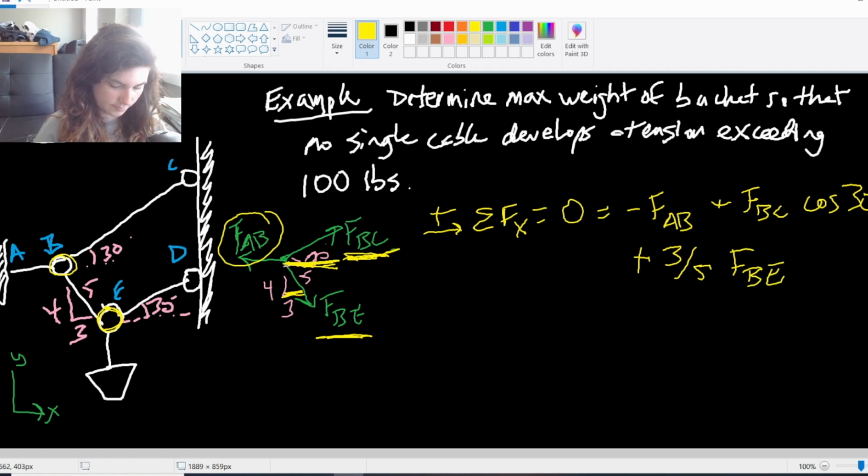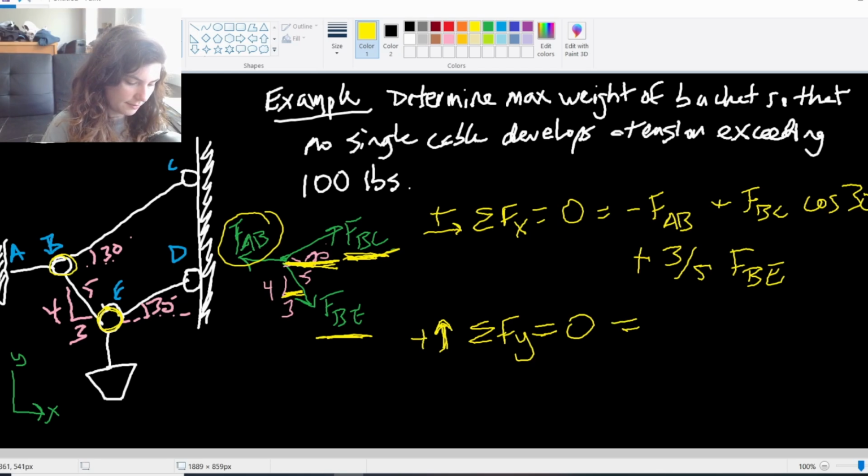So now let's go ahead and look at the y equation. The positive direction of my y is going straight up. Summation of the forces in the y direction set equal to 0, right? This is our equilibrium equation. I can ignore FAB. I'm actually going to do this in blue. I can ignore this guy because he's entirely in the x direction. And then I can look at the y components of FBC and FBE.